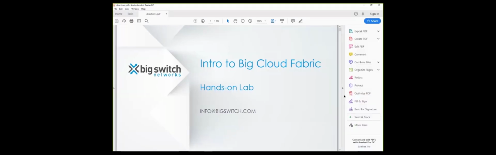Once you download this lab guide, it has almost 10 different labs. It talks about the introduction. And then it talks about spine, leaf, rack, host, router, firewall, just to understand what the topology is.